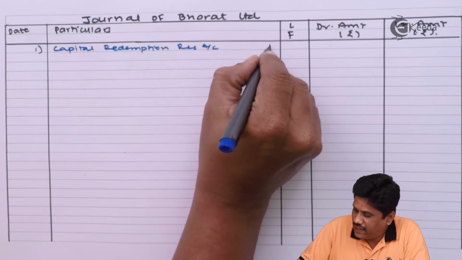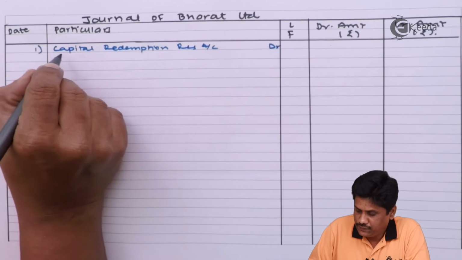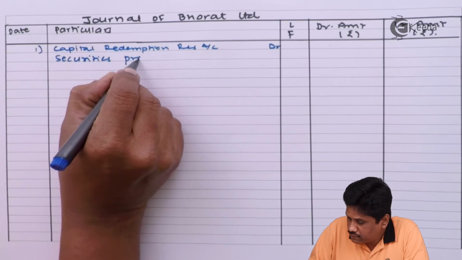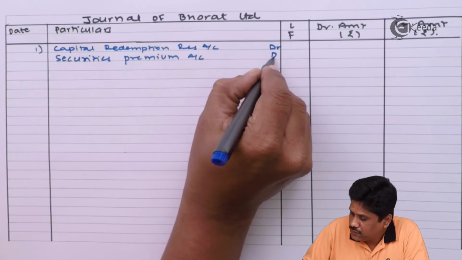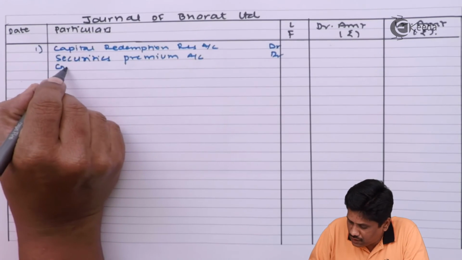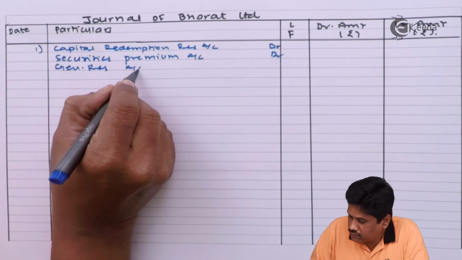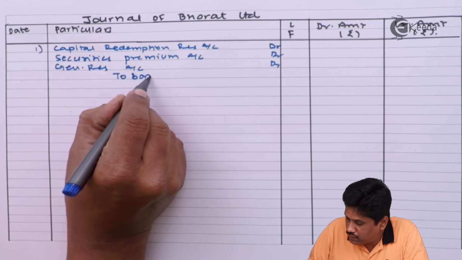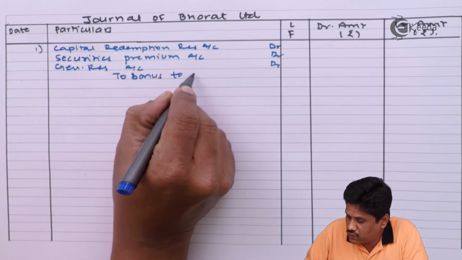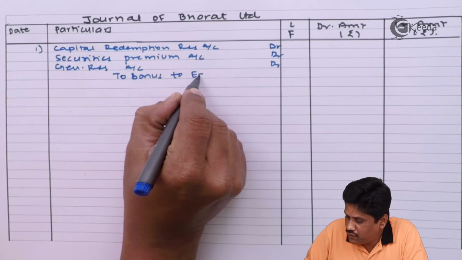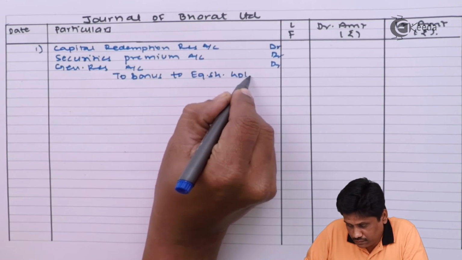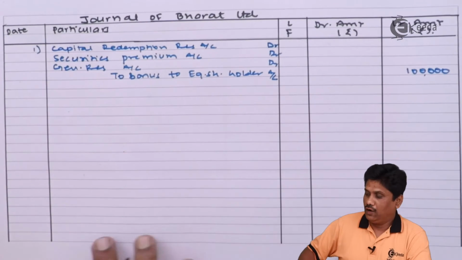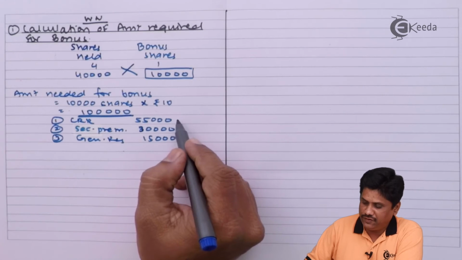CRR account debit, that is capital redemption reserve account debit. Then I will debit securities premium account. Then I will debit general reserve account. And I will credit bonus to equity shareholders account. Total amount of bonus we decided is 1 lakh. Out of that, CRR will provide 55,000.